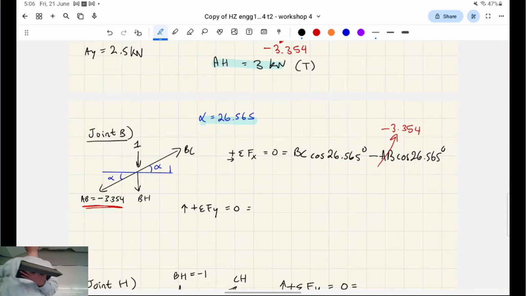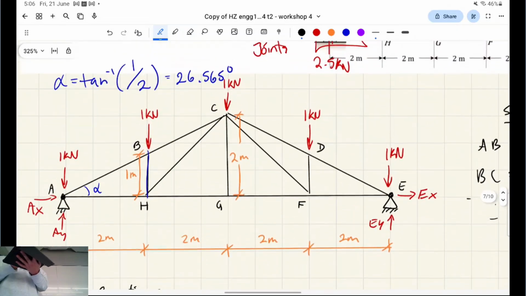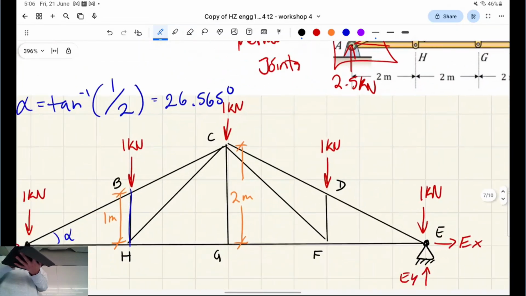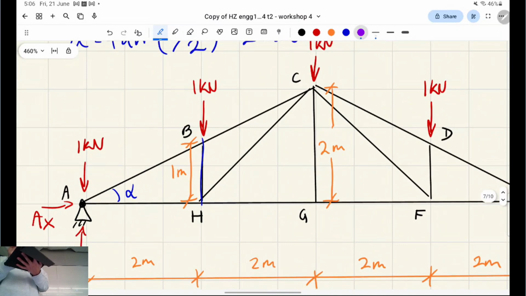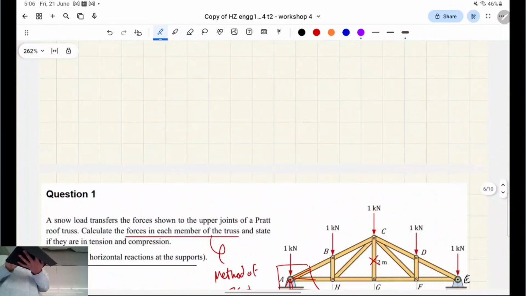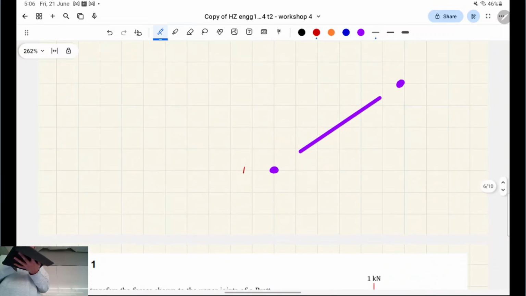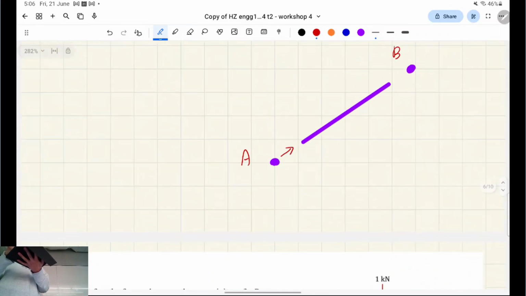Question. So why is the arrow pointing to the left? Oh, good question. So here's joint A, and here's where joint B is situated. When we're looking at particle equilibrium, it kind of looks like this. And if we want tension, we assume it's pointing away from the node.